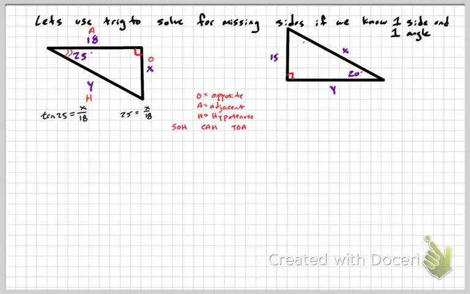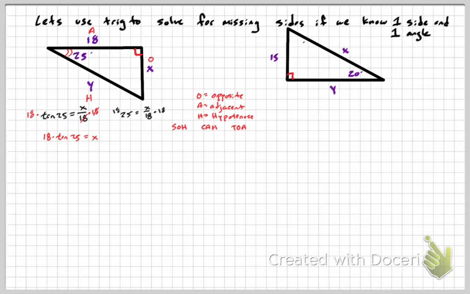You've got to get the 18 out of the denominator, right? So I would multiply both sides by 18. We're going to do the same thing here. So I multiply the right and the left by 18. The 18 on the right goes away. So on the left, I have 18 times the tangent of 25 equals X.